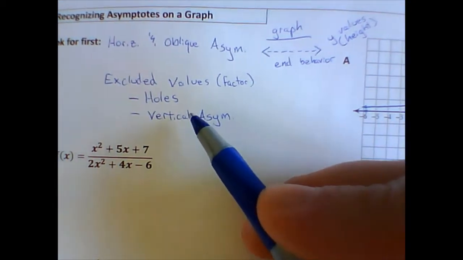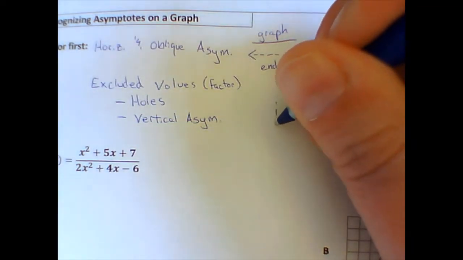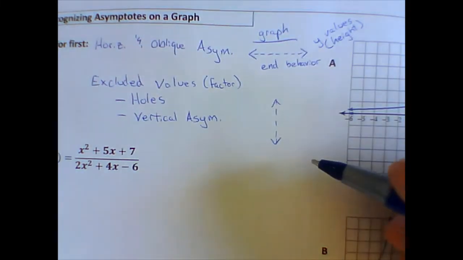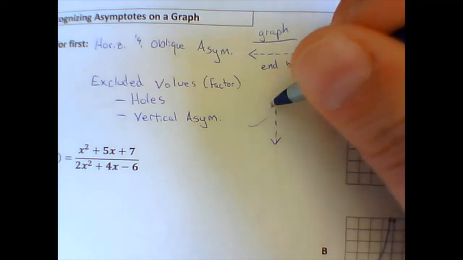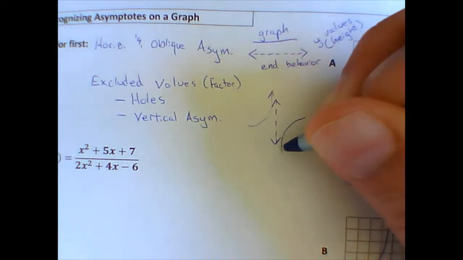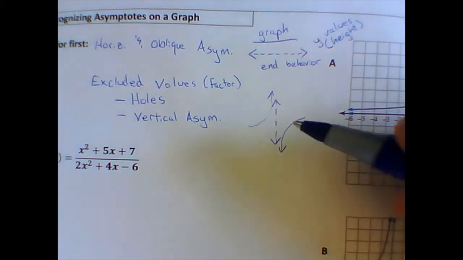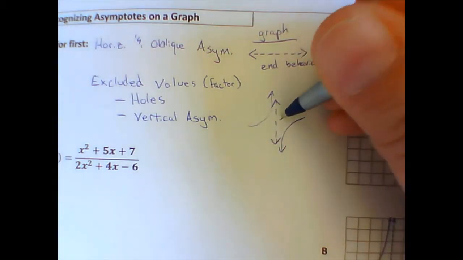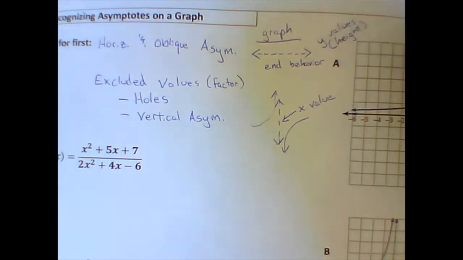The numbers you get for holes and vertical asymptotes, those are x values, because especially the vertical asymptotes, they kind of tunnel through an x. And oftentimes you get a dotted line again. You don't always get a dotted line, so if you don't get a dotted line, look for where the graph sweeps up and then down on the other side. Okay? But it's the dotted line, and it's an x value.